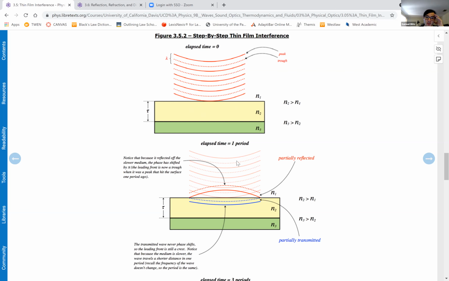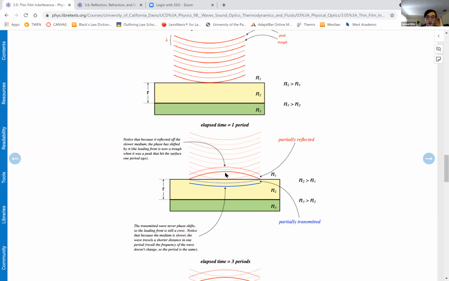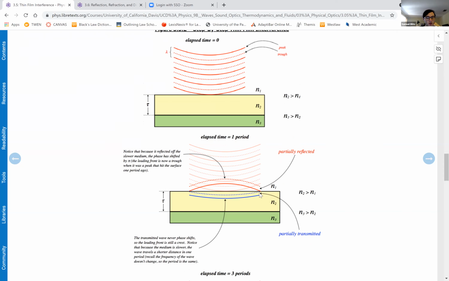Okay, so this is just going to keep propagating upwards, and eventually the transmission will reflect again and then recombine with the first. So the wave that was transmitted, that never inverts. It just always is what it is.